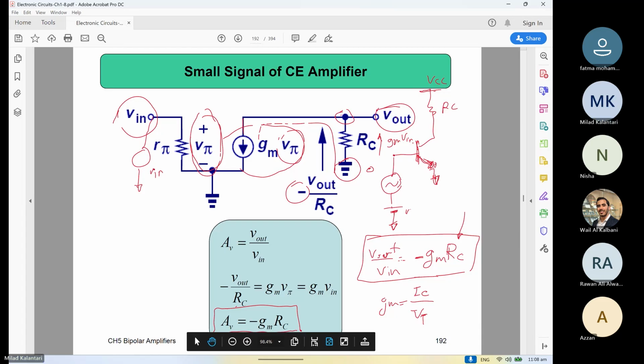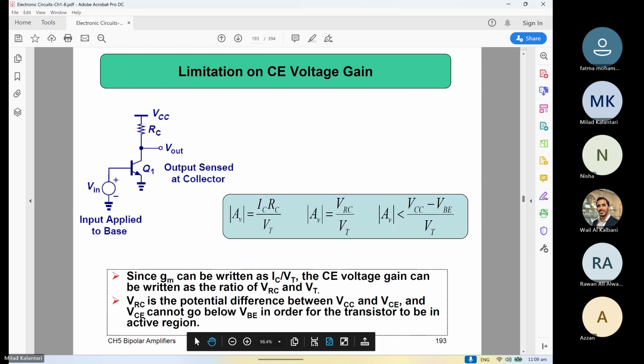If you want to increase the gain of the amplifier, yes, right? How? You can control the IC. So by increasing the IC, you are increasing the gm, right? And then with the RC together, you can control the gain. Here we are just putting the gm value here, right?